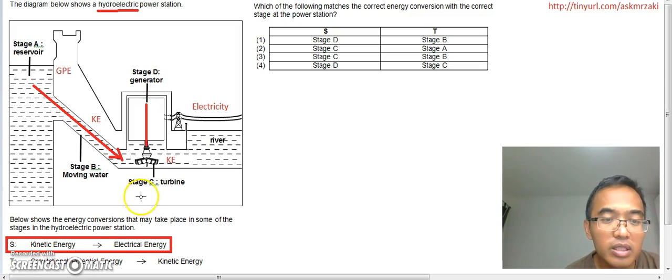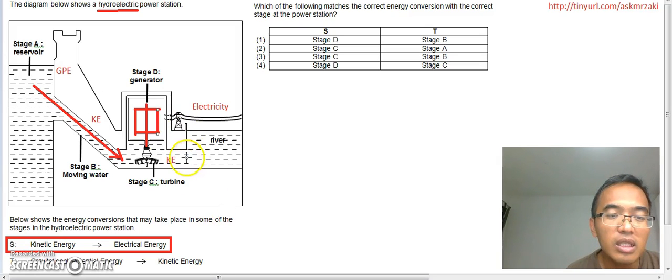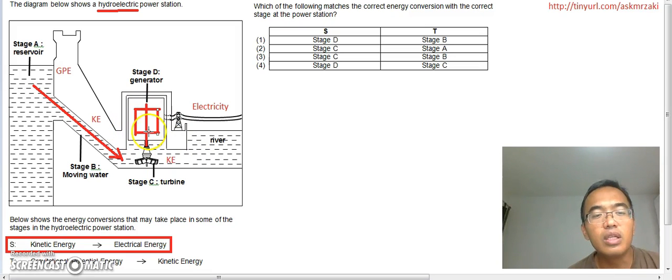Now as this turbine turns, the pole inside turns, and you can't see it right now, it does not show, but inside the generator there are huge magnets, which are being turned by the movement of the turbine. And as these huge magnetic vanes or coils are turned, electricity is produced. So you can see that the generator changes the kinetic energy into electrical energy.